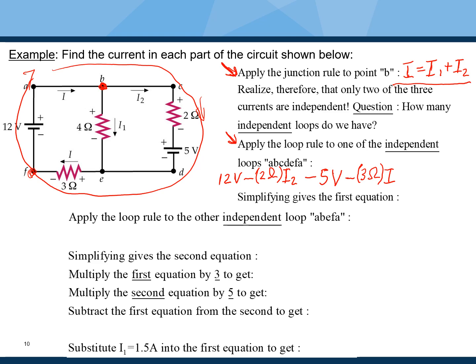So why not simplify our life and our equations by going ahead and erasing off I, and in place of I, we just put I1 plus I2.